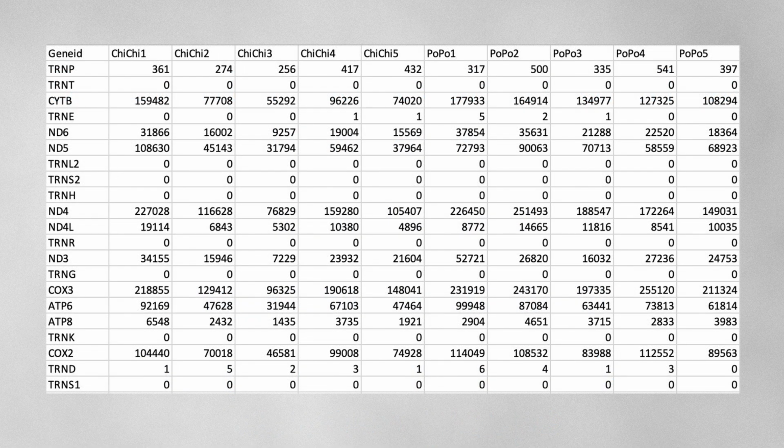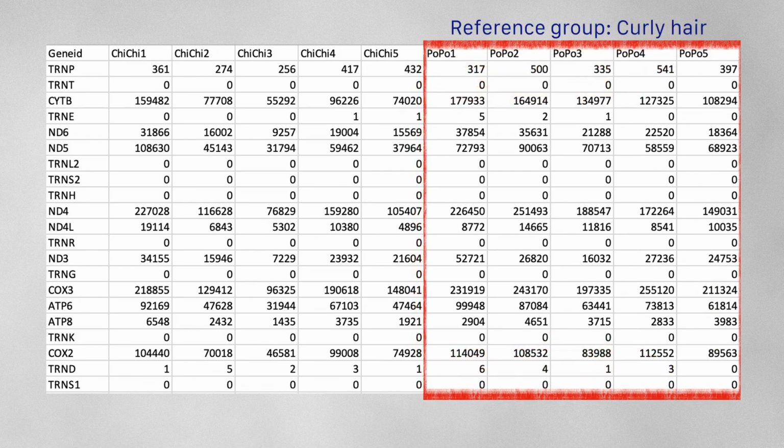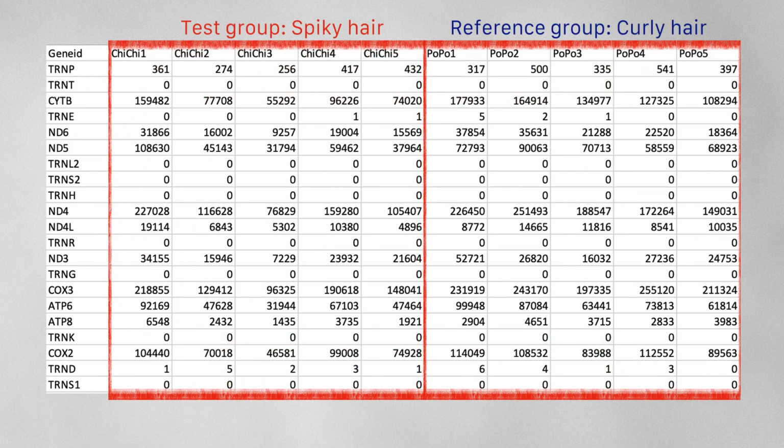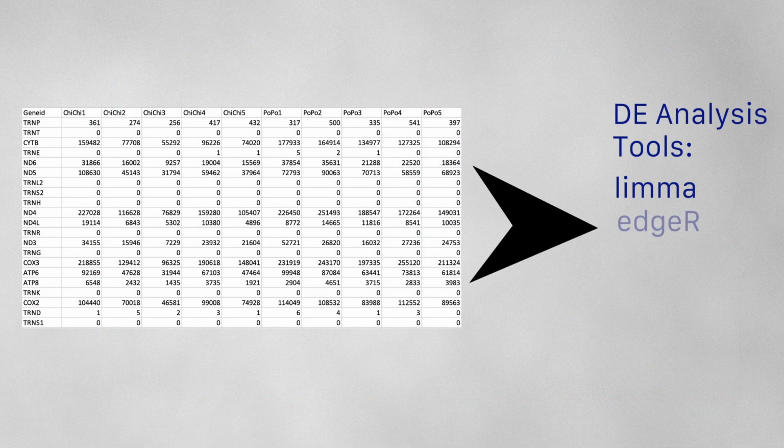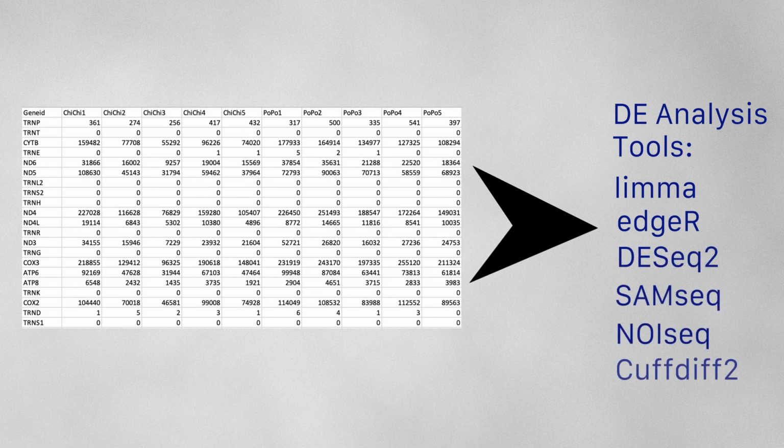Once we have obtained the raw gene counts, we are now ready to conduct differential expression analysis between groups of samples. Over the past few years, a lot of tools have been developed to compare gene expression between conditions. Tools such as limma, edgeR, DESeq2, SAMseq, NOISeq, Cuffdiff2, and EBSeq.